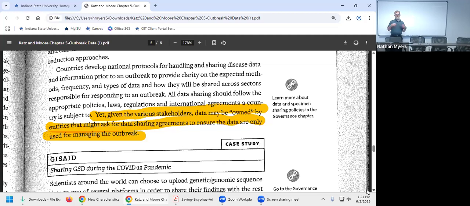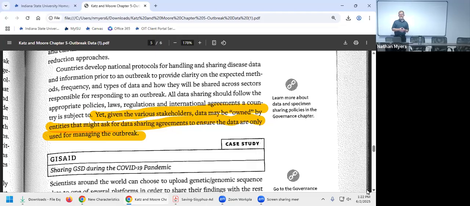Ownership of data has come into play at the international level with countries sharing data, because countries are concerned that they'll provide data to another country, and then that data will be used to produce new medications and vaccines. And then the country that the data was shared with is going to reap all of the economic benefits, and the country that originally had the data isn't going to see any of that benefit themselves.